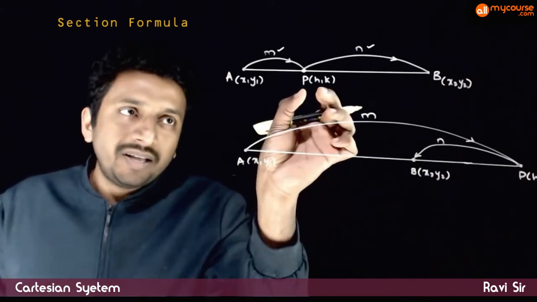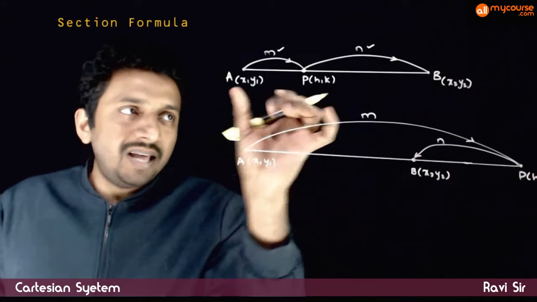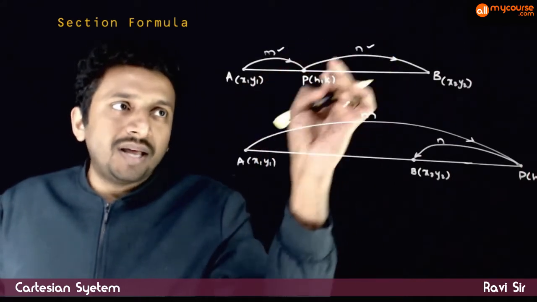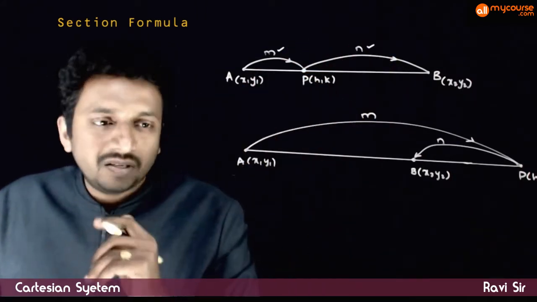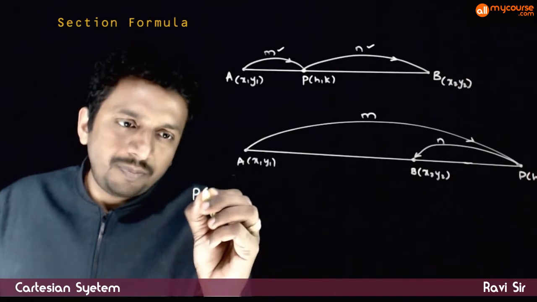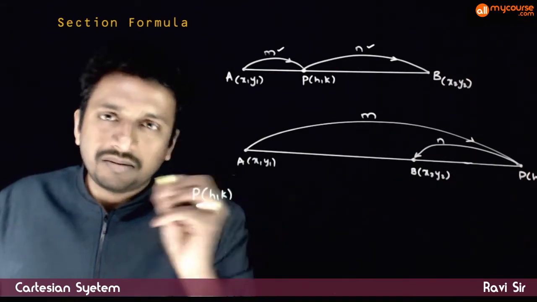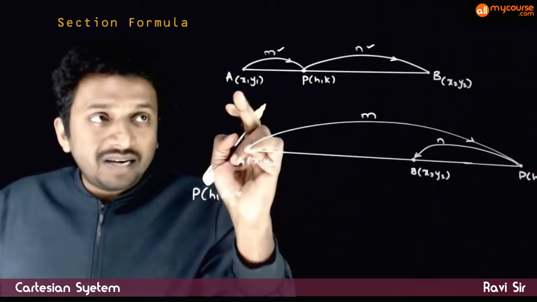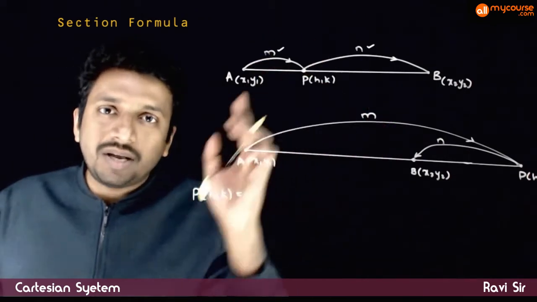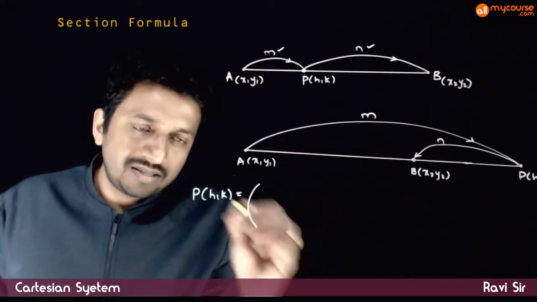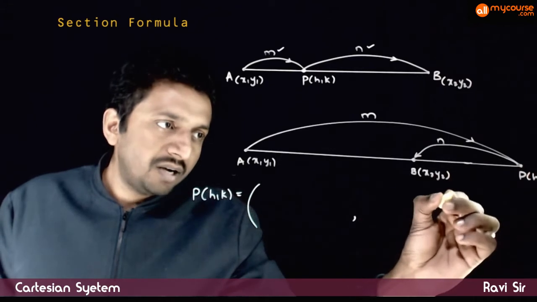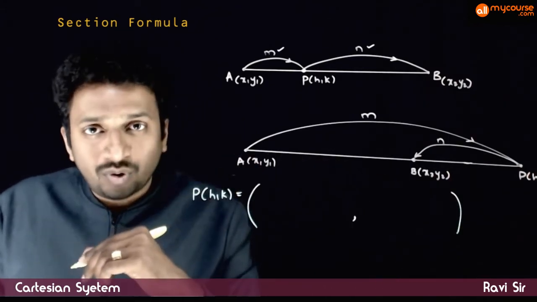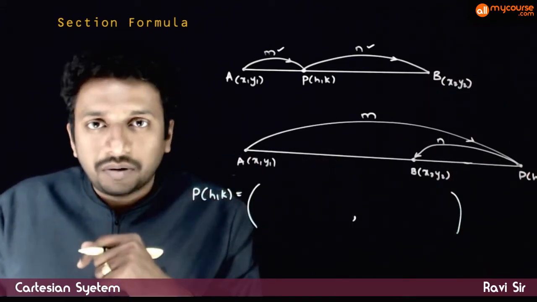This point is said to divide AB in the ratio m:n internally. So the formula is P(h, k). The point which divides AB in the ratio m:n internally is simply, so you have 2 coordinates, the x coordinate and the y coordinate.